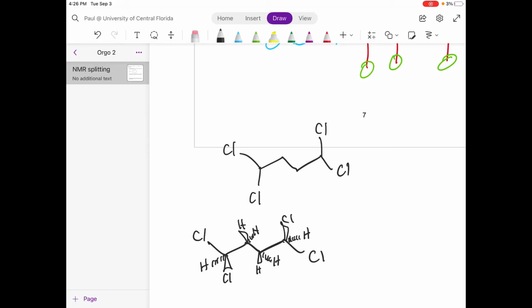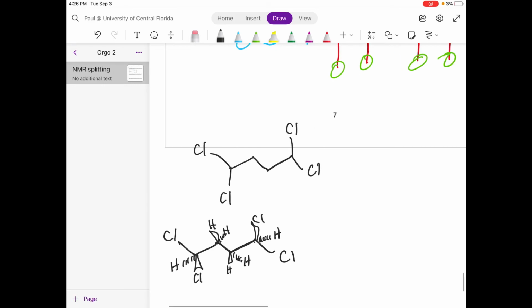Now sometimes it's easier to rotate around single bonds and change it a little bit so you can see the symmetry argument. So what I'm going to do is take these pieces right here, and just like a steering wheel in your car, I'm going to turn it in such a way as to put the hydrogens there and the 2 chlorines right there.